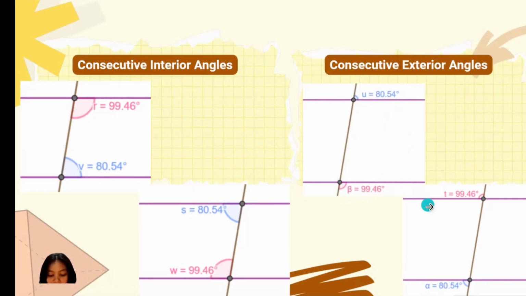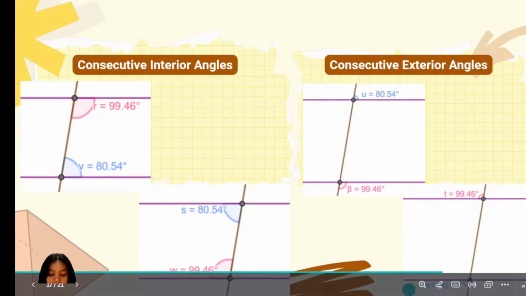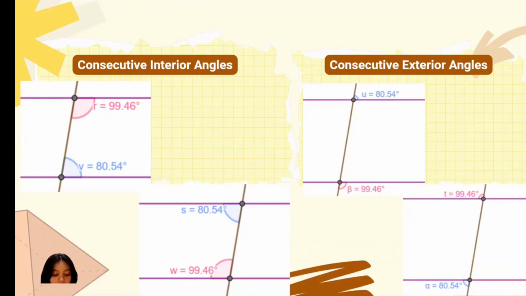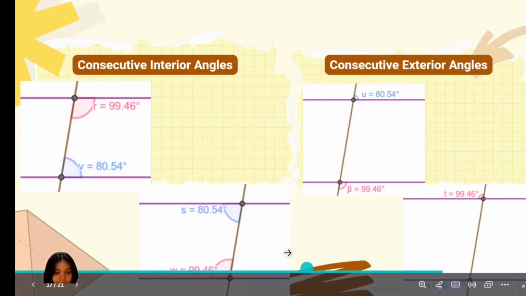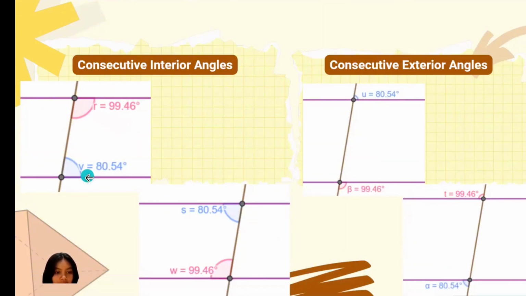The other exterior angles on the same side are angle T and angle alpha because they lie on the same side. If the two angles are added together, they form an angle of 180 degrees. So, angle R plus angle phi is equal to 180 degrees, and so on.